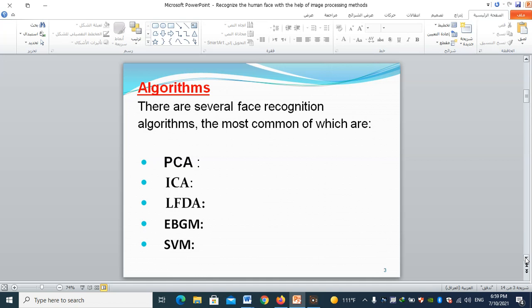The third one is LFDA, Local Fisher Discriminant Analysis, a recently developed linear dimensionality reduction algorithm. It has been shown that LFDA is a strong analyzer of higher dimensional data.